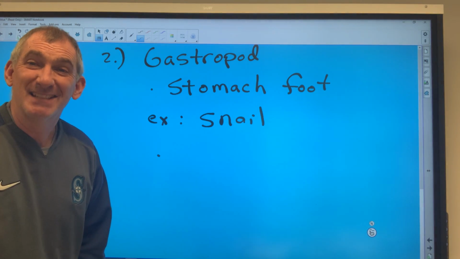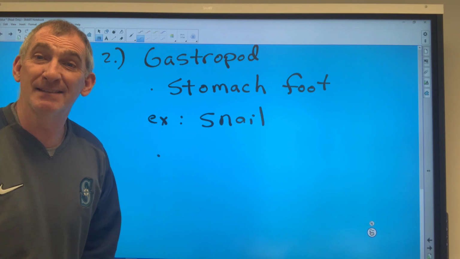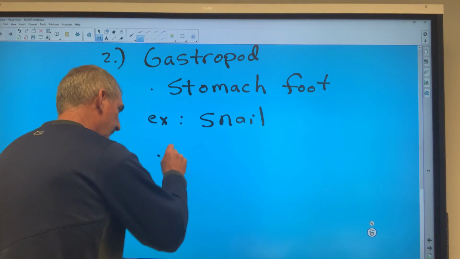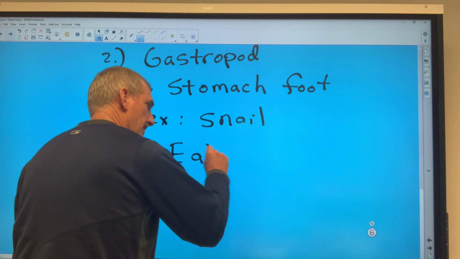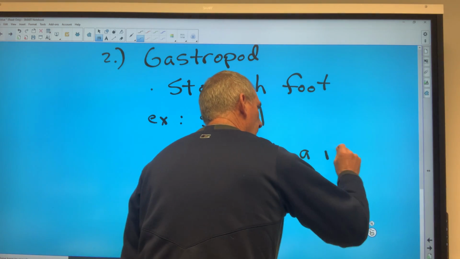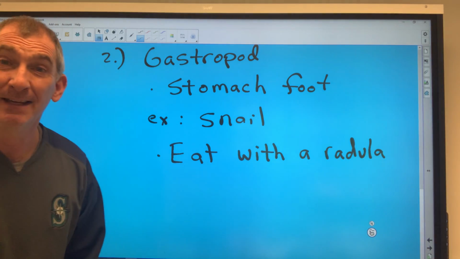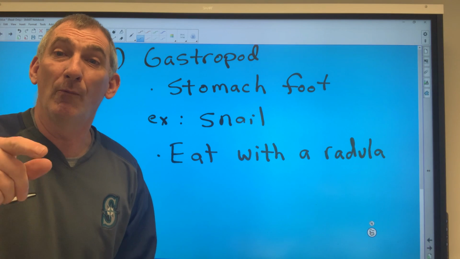Next bullet, something unique to gastropods. All gastropods eat with a radula. Good question, I know you're asking that in your head. What is a radula?